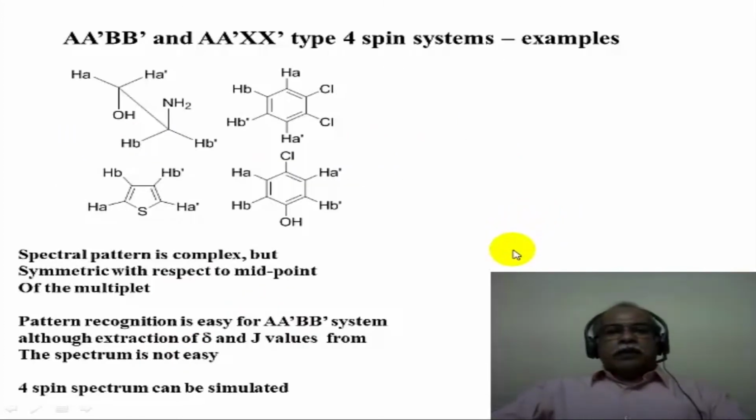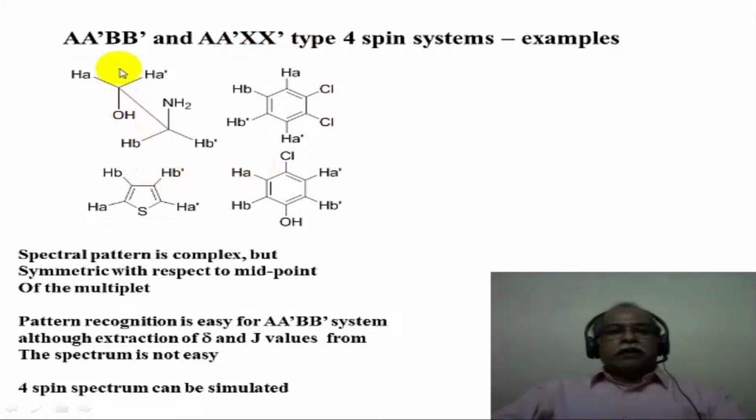Now let us come to the last part of the second order spectrum, namely AA prime BB prime or AA prime XX prime, which is a 4-spin system. Examples of AA prime BB prime or AA prime XX prime are given in this particular figure.